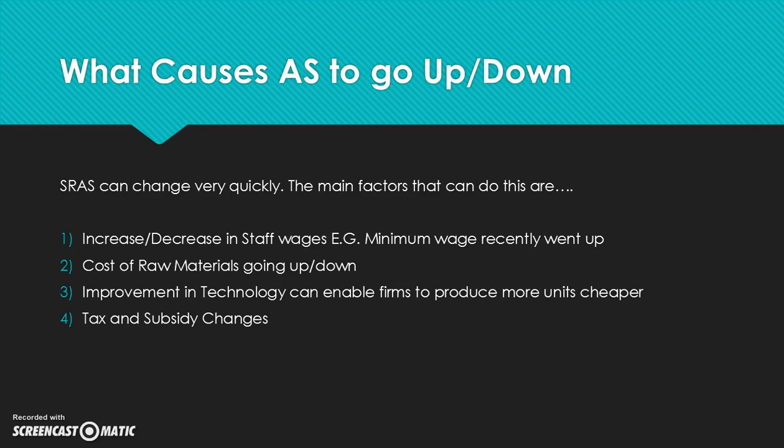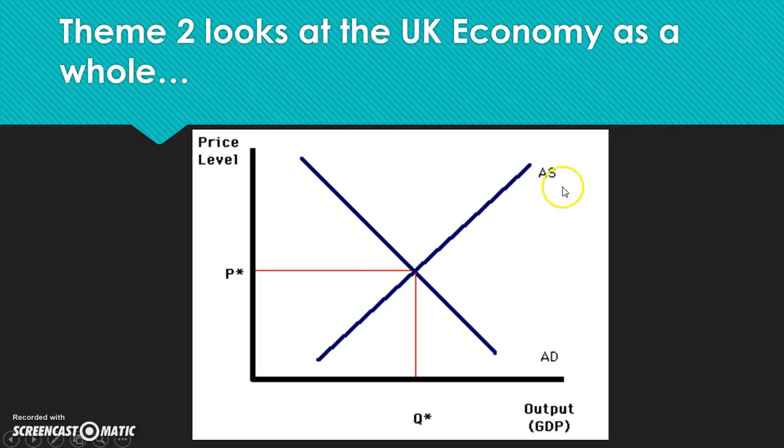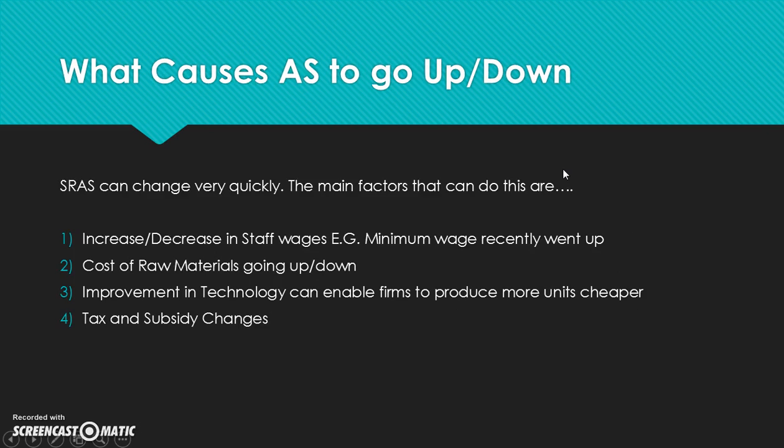Now, let's look a bit more at AS. Now, when we look at this graph here, this is short run aggregate supply. We'll look at long run in a minute, but short run is like this. It acts exactly how AD does. Now, with Theme 2, AD is always changing, and short run aggregate supply is always changing.